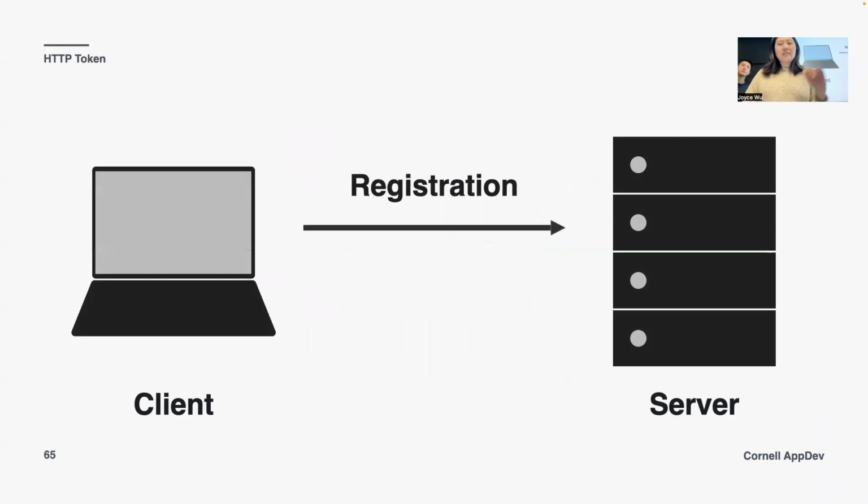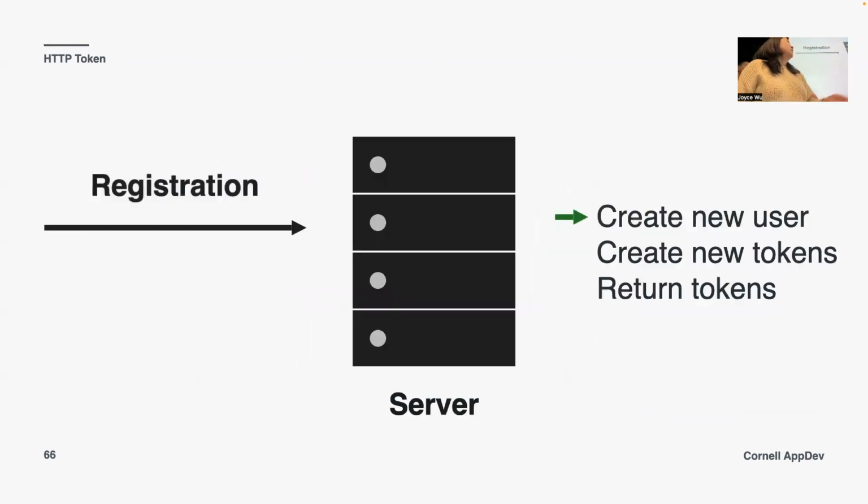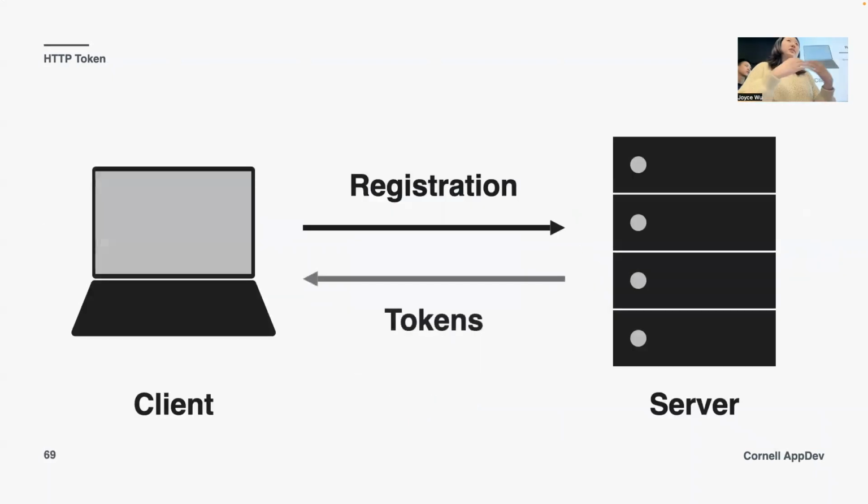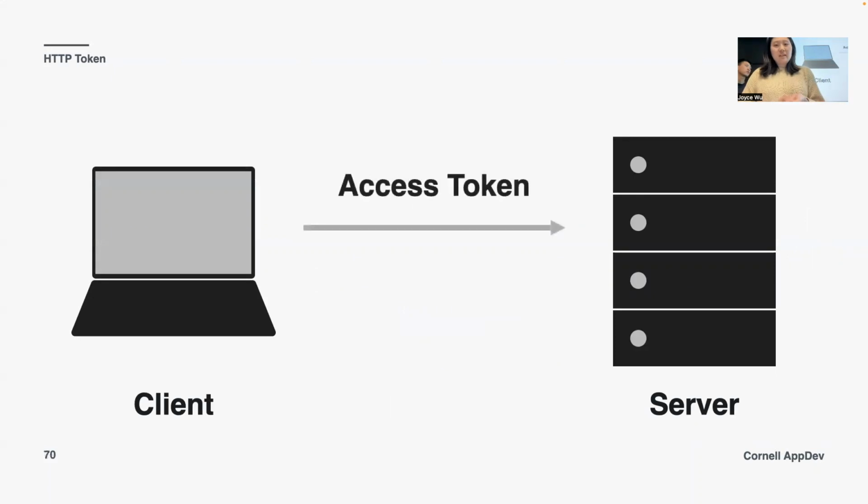And so here's an example of registration. When you're creating a user from the client to the server, just like any other authentication scheme, you'll create a new user. But instead of creating a new cookie, you'll create new tokens. Remember, that's just the access token and the refresh token. Those tokens are then returned to the front end, and the front end stores them locally.